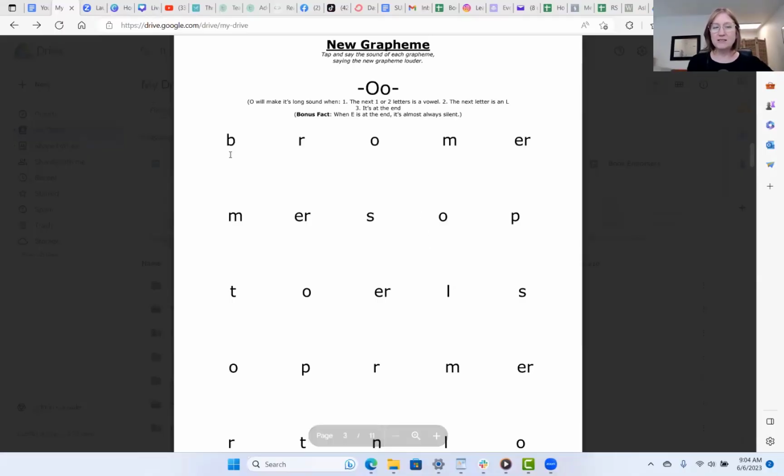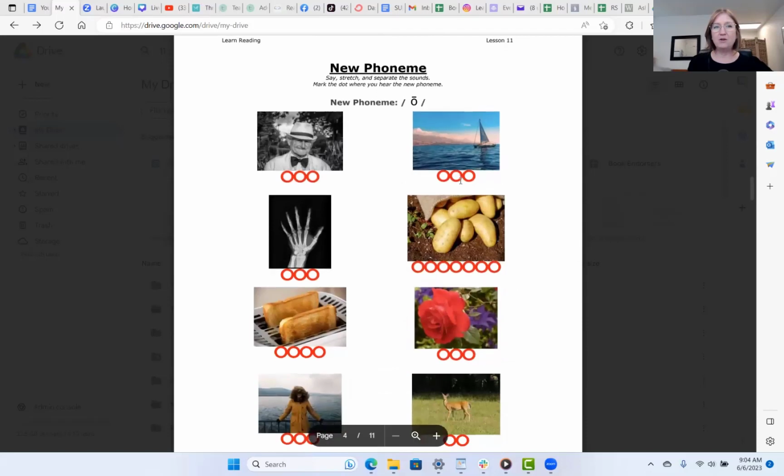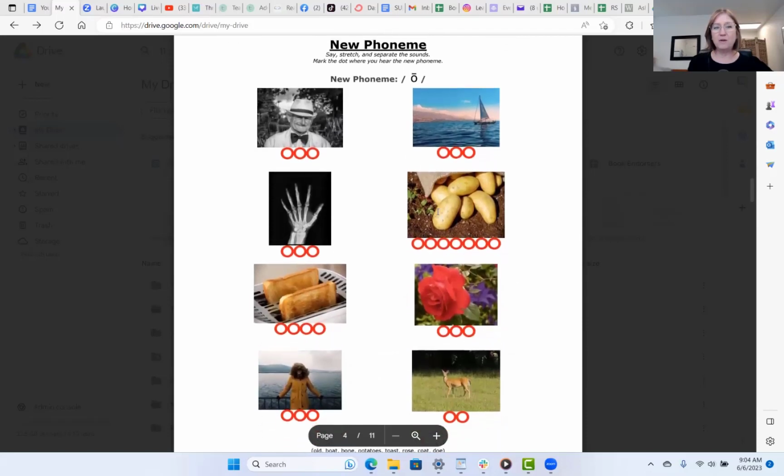So we're going to be going over words with those 3 rules where the O is going to say O for one of those 3 reasons. So if you have the worksheets, practice this page by saying the correct sound of each grapheme on this page, and then meet me down on the new phoneme page.